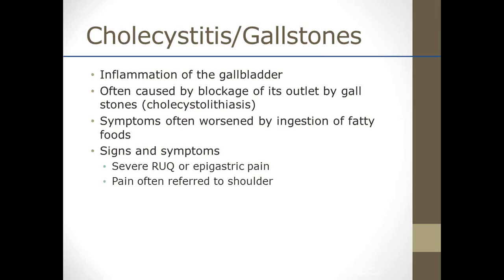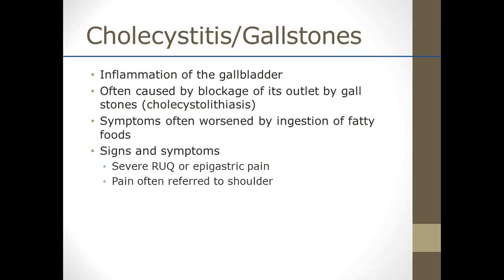So cholecystitis, or gallstones as we normally call them, is an inflammation in the gallbladder. Your gallstones are actually an accumulation of little minerals and things that your body has collected in the gallbladder. If those stones get stuck in one of the ducts of the gallbladder, it can cause a great amount of pain.